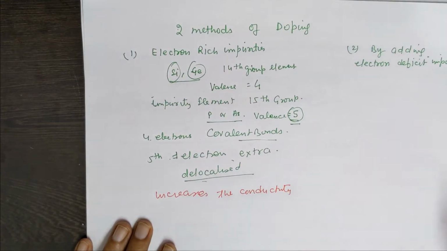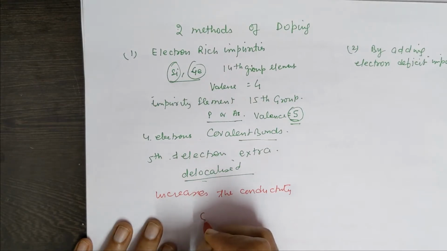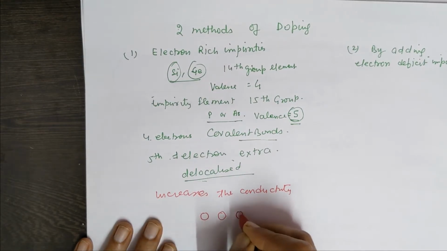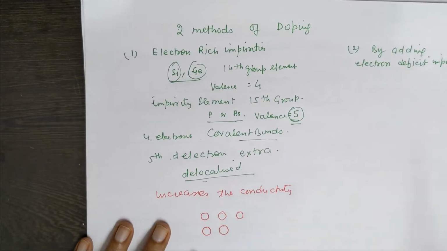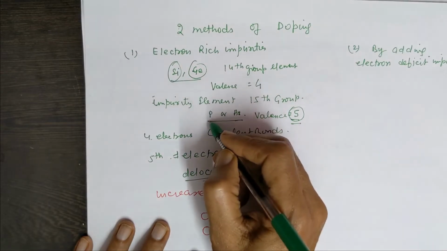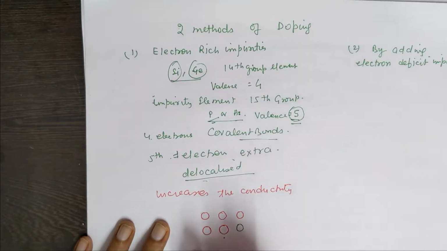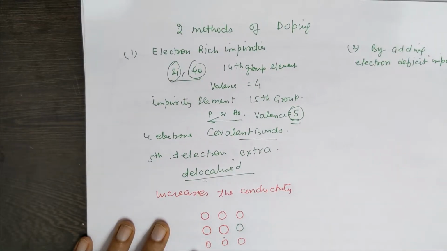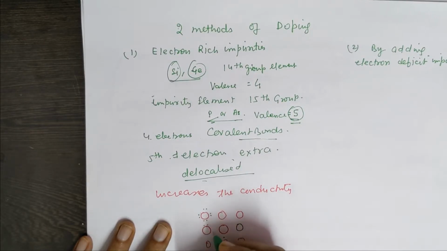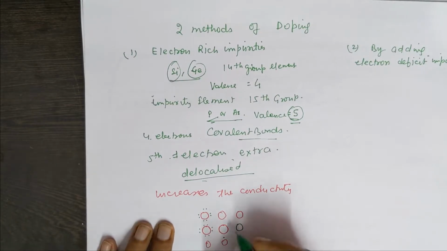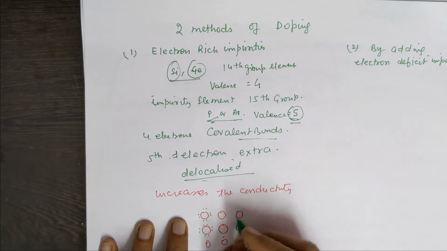See, if there are silicon atoms and one atom of phosphorus is added, then what will happen? Here every silicon has 4 covalent bonds.